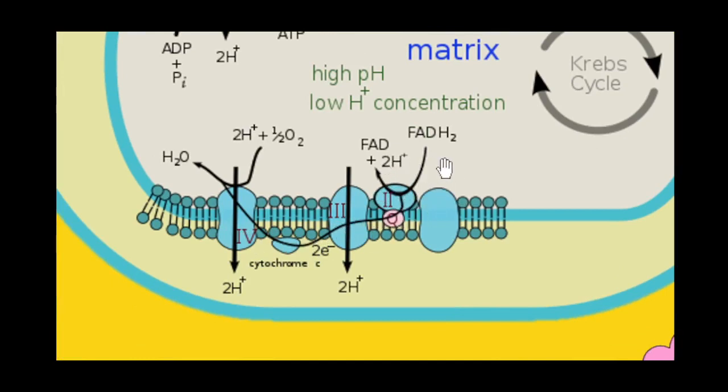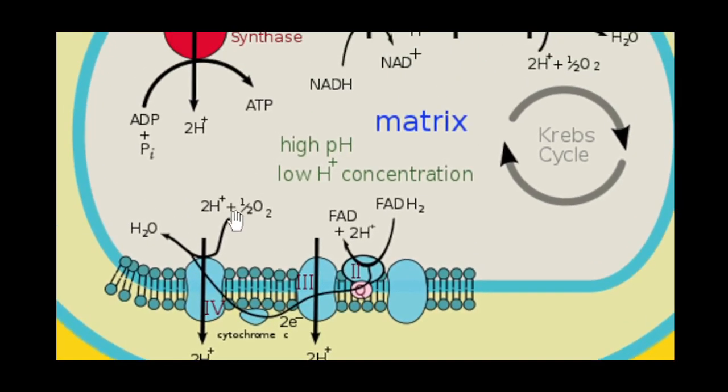In FADH, it will still be oxidized, so that electron will travel through electron carriers, and then hydrogen ions will exit. Still, they will go to the intermembrane space. The final electron acceptor is our oxygen, and it will be combined with 2 hydrogen ions, which results in the creation of water.